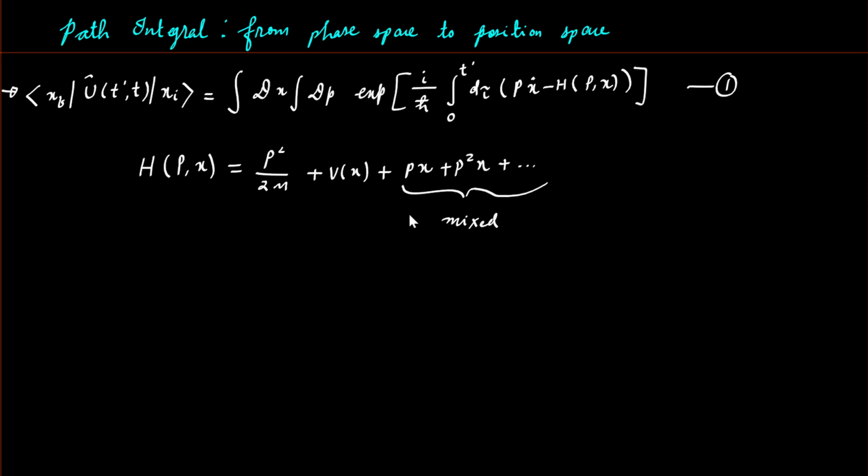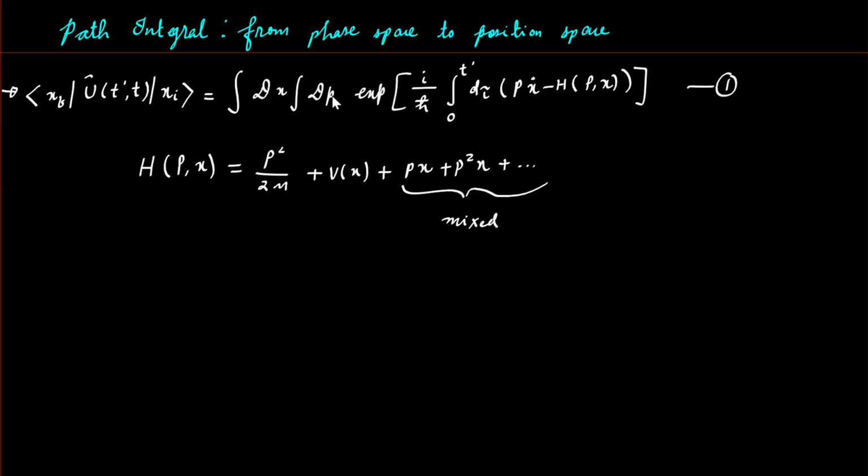If we have this kind of mixed term in our Hamiltonian, then the expression for the path integral is equation 1. Now suppose the momentum dependence of this Hamiltonian is confined to a quadratic term, that is the kinetic energy.